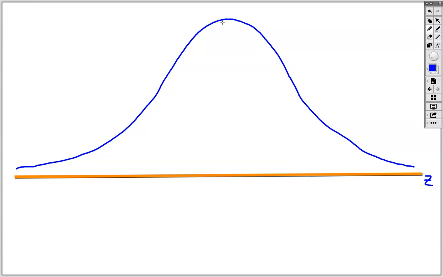Okay, it's a normal curve, and right here where the mean is, this is always z equals 0. Right here is one standard deviation above, and that's going to be 1.